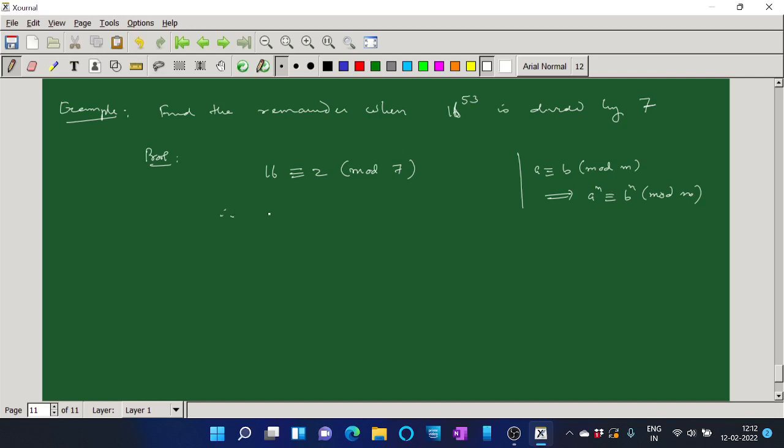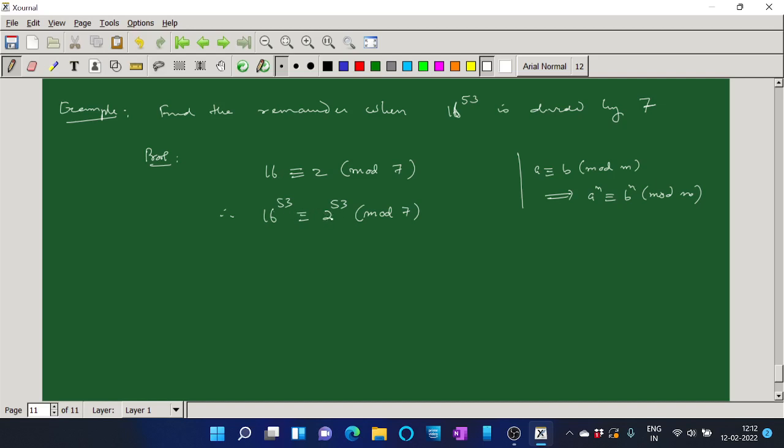And therefore, 16 raised to 53 is congruent to 2 raised to 53 mod 7. We want to find the remainder when 16 raised to 53 is divided by 7. So here it is now reduced to 2 raised to 53.